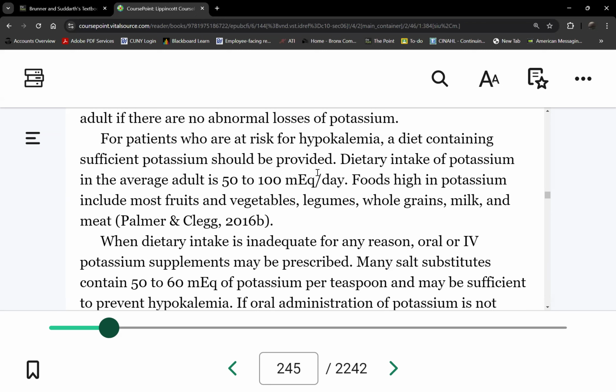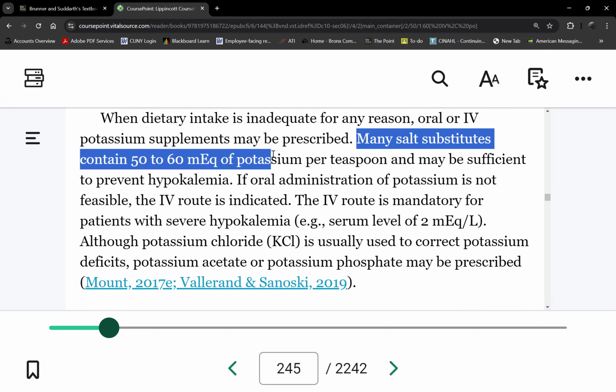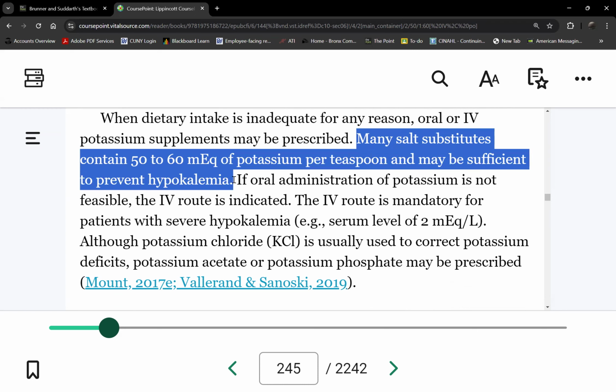All right, so you can do it through food. Okay, so the doctor will order a high potassium diet. In the case here, again, a reminder, salt substitutes contain potassium, so be careful. When the patient is using salt substitutes, especially cheap ones, the dollar or 99 cents salt substitutes are made of potassium.